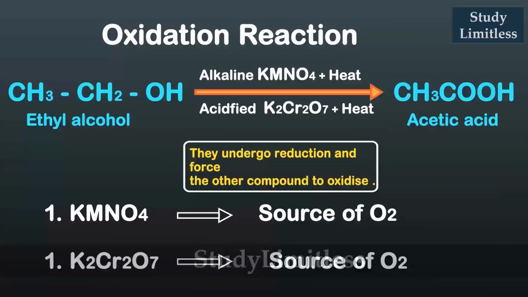So, there are 2 things that have happened. Number 1, you have lost 2 hydrogen atoms and you have gained an oxygen, and while the basic definition of oxidation is nothing but gain of oxygen or loss of hydrogen, over here we have had the loss of hydrogen as well as the gain of oxygen.